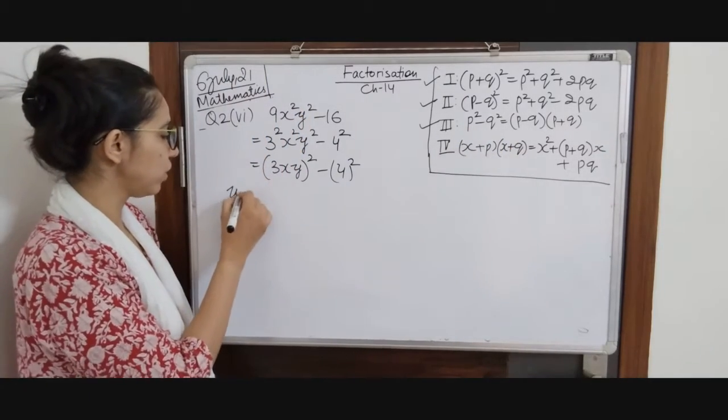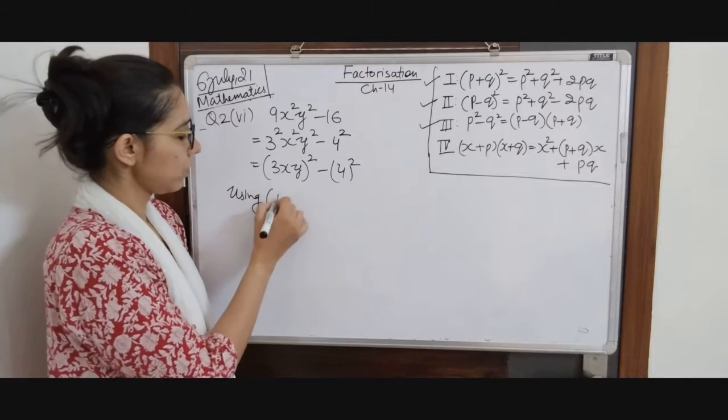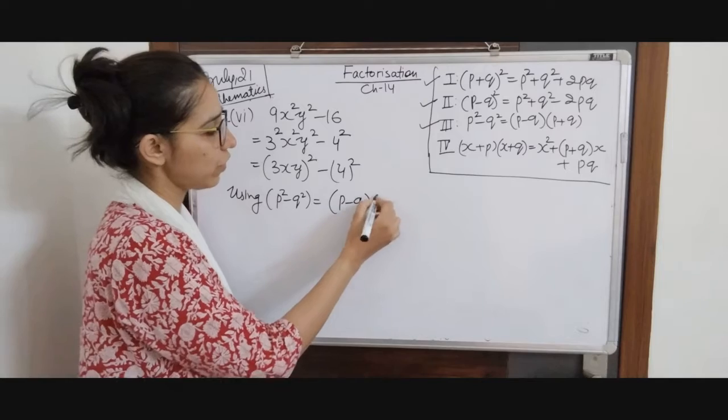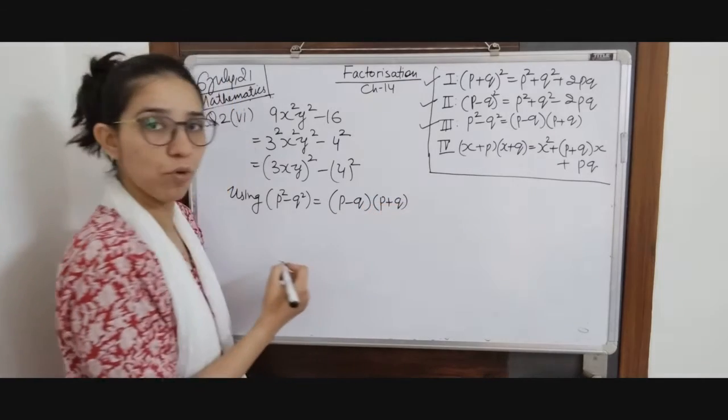So you will be using p square minus q square, which is equal to the difference of the terms multiplied with the sum of the terms.